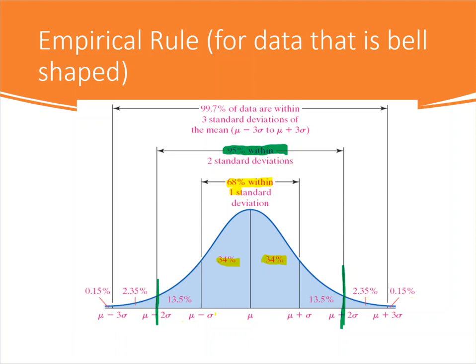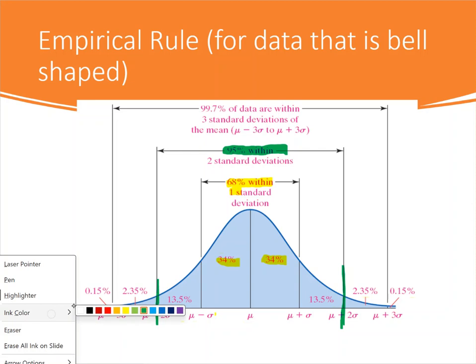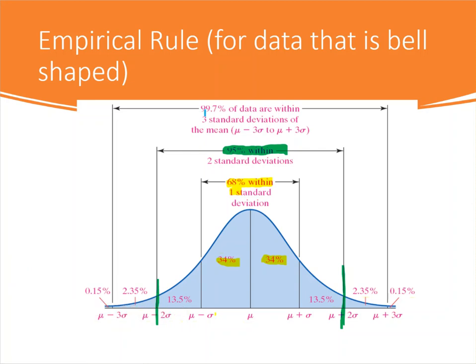And then you can keep going here. You can see that 99.7% of my data is falling within 3 standard deviations of the mean. And that just leaves a very small percentage falling outside of that, right? That only leaves 0.3% of the data to be outside of 3 standard deviations away from the center.